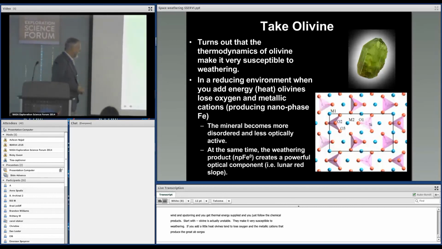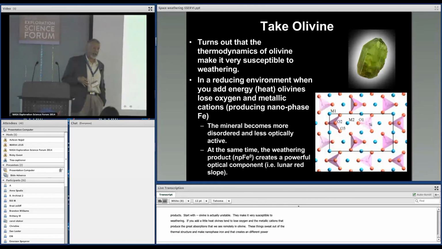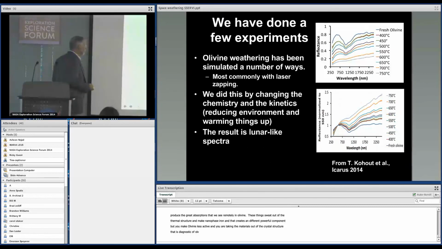What happens is that these things essentially sweat out of the crystal structure and make nanophase iron. And that creates a different powerful optical component. But fundamentally, you make the olivine less optically active because you're taking the material out of the crystal structure that produces the fundamental absorption that is diagnostic of olivine. That ends up in the nanophase iron.